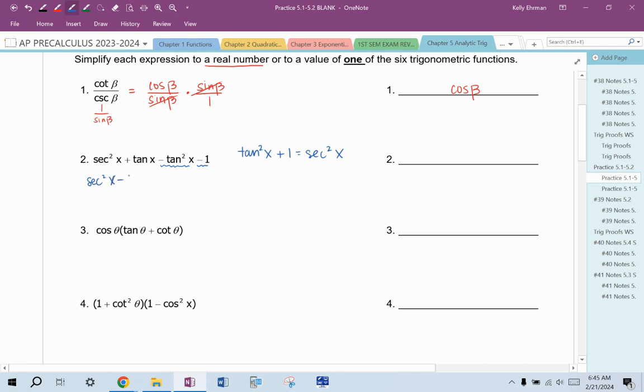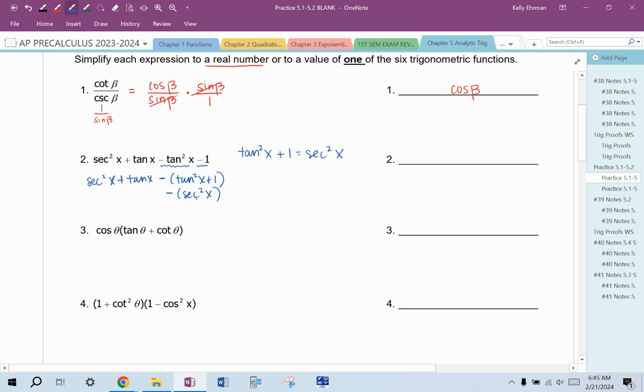And like I said, there are a lot of ways to go about this work. So if you're looking at it this way, this might be one way to start. Tangent squared plus 1 is secant squared. And so we're subtracting secant squared if we had negative tangent squared minus 1.